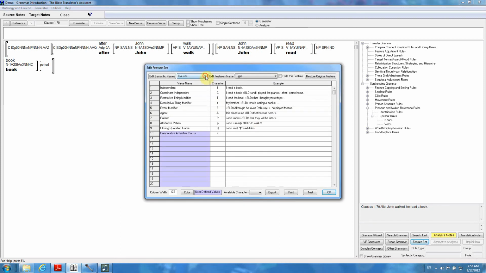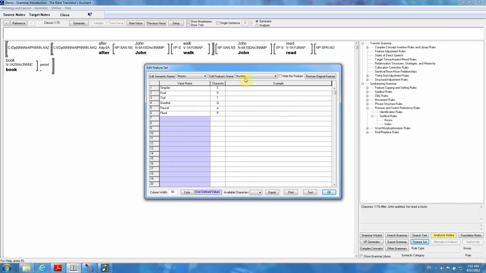I'll go to the feature set. We use a feature on nouns called surface realization. And there are three values: not applicable, always a noun, and unambiguous pronoun. The vast majority of the nouns in the semantic representations have a surface realization value of not applicable. In very special situations, we will mark a noun as always a noun.